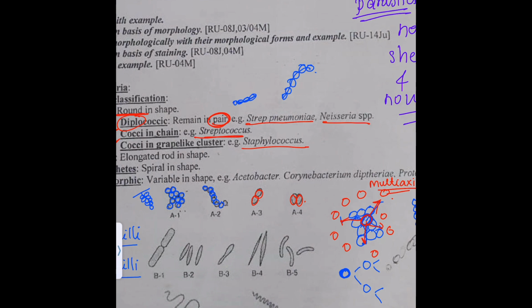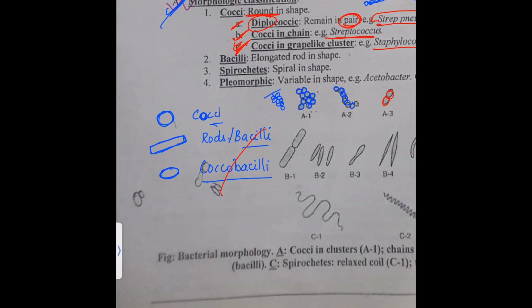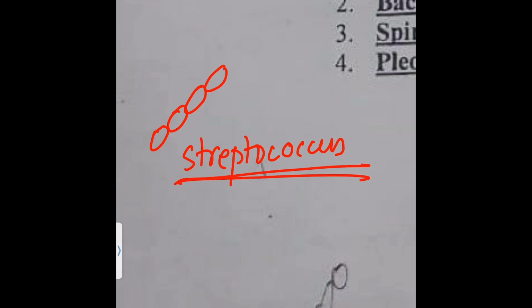Now, going to streptococcus pneumoniae and Neisseria species, what I mean to say is, I said already that if you find it in chain, that is streptococcus. Streptococcus is one species, it has lots of organisms.